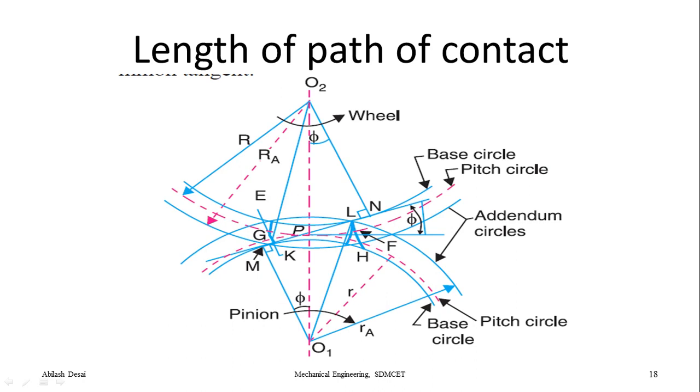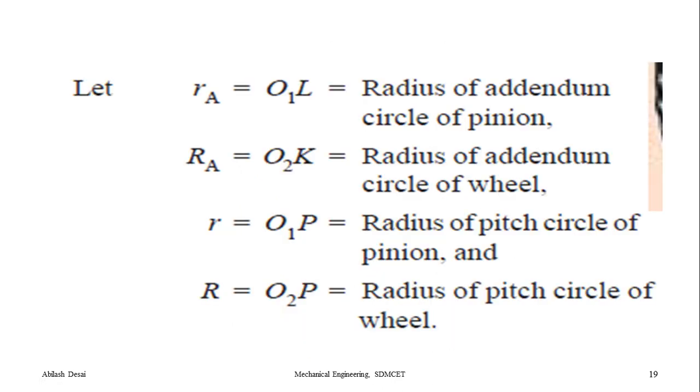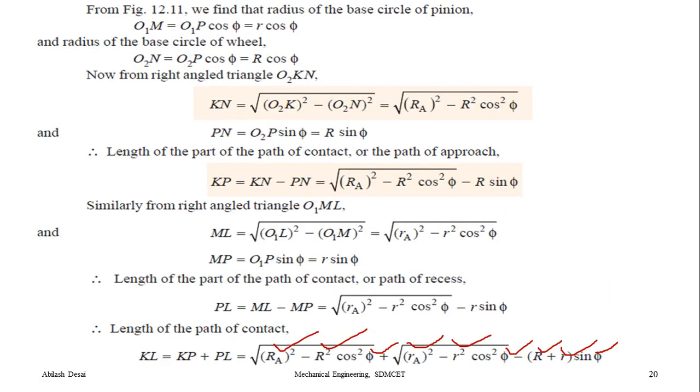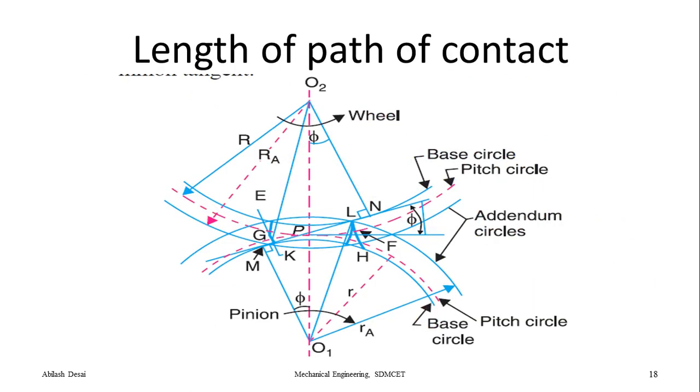So draw this figure correctly and, using the trigonometric ratios, first try to calculate this. I will wait, but do it correctly, because we have one more class where I will solve problems based on this. First you should know the radius for R and RA and so on. Then you can solve the problems easily.